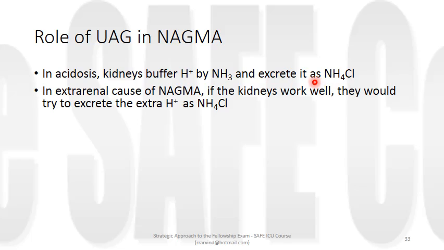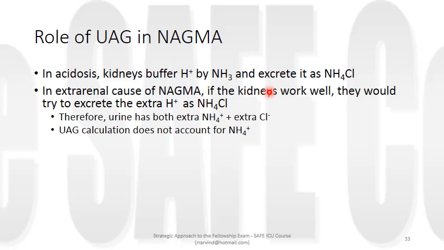There is systemic acidosis in the blood, therefore the kidneys will try to compensate by getting rid of these extra hydrogen ions from the blood, and they'll produce more urinary ammonium chloride. The urine therefore will have both extra NH4+ and extra Cl-.